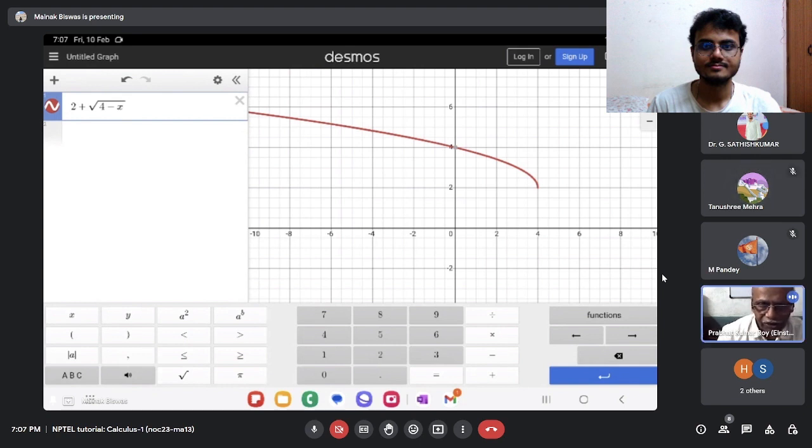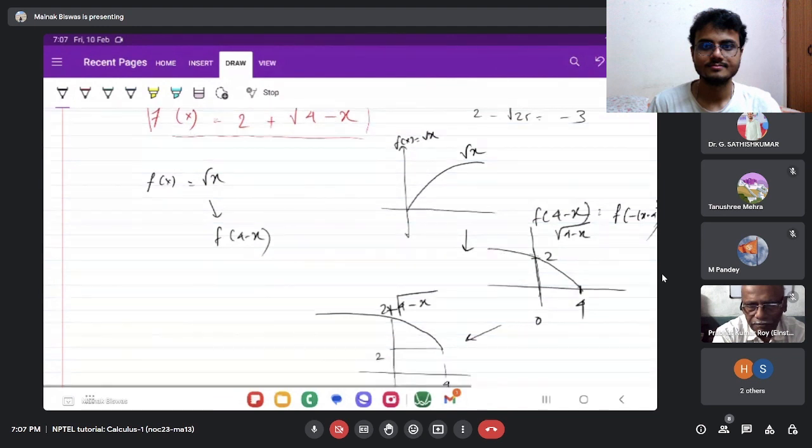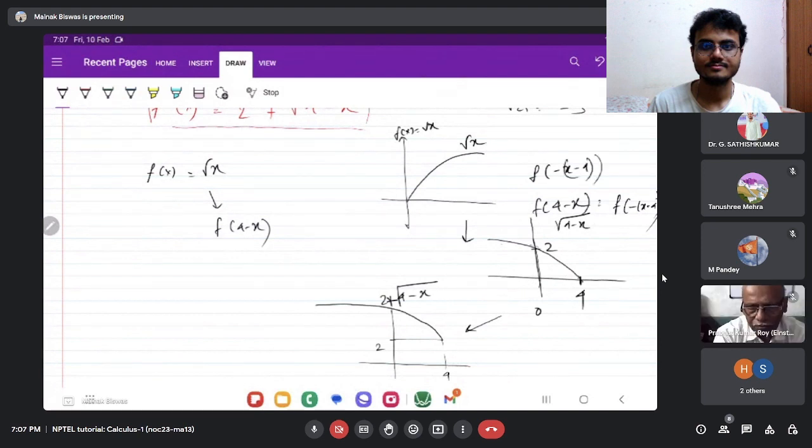So yeah, if you follow simple steps, I have told you basic graphs. From the basic graphs, you do transformation. So what was the transformation that I did? I did this transformation, minus of (x minus 4). This is one possible transformation that you need to do. So you will draw root of 4 minus x plus 2 first, and then you would flip that about the y-axis.